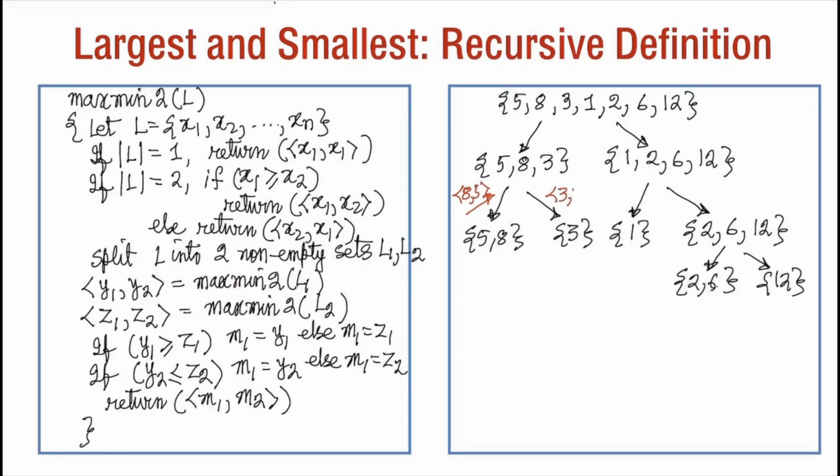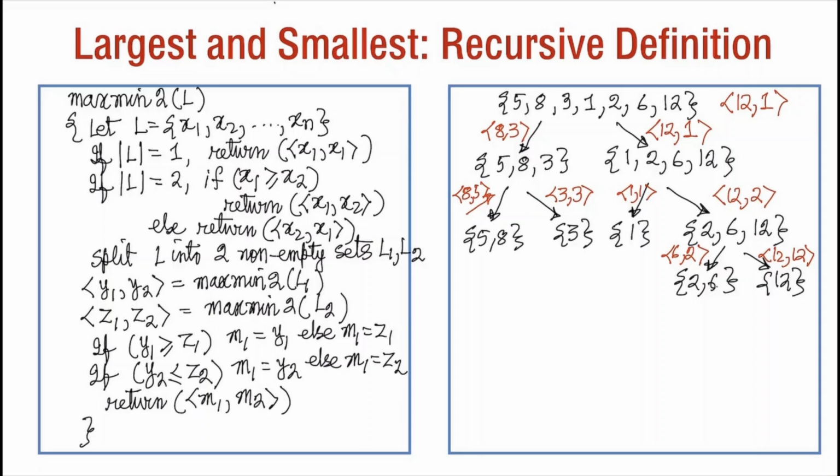This will return 3, 3. This will return 1, 1. This will return 6, 2. This will return 12, 12. So this will return 12, 2. This part, 5, 8, 3, 8, 5 and 3, 3 will return 8, 3. This part will return 12, 1, and finally we will get 12, 1.